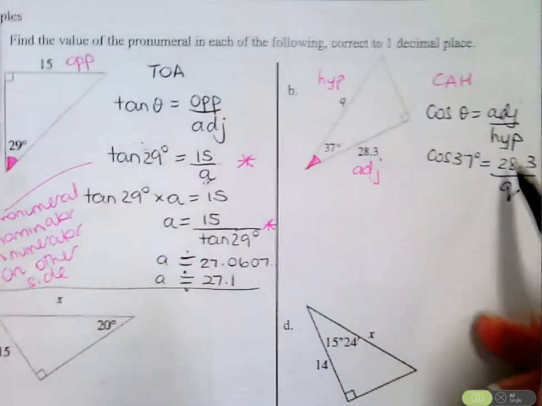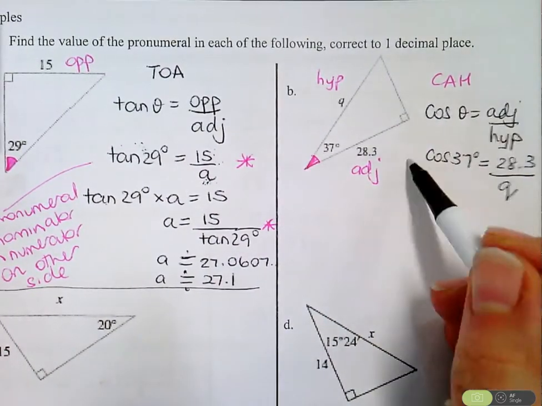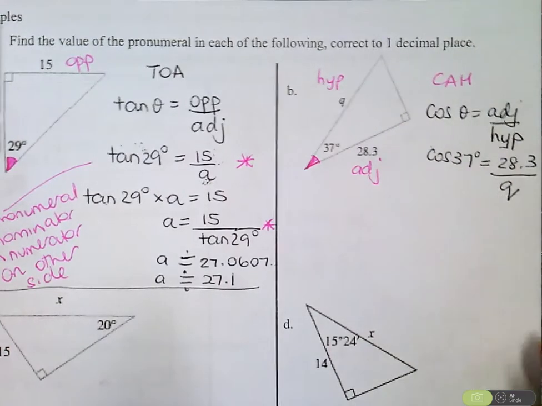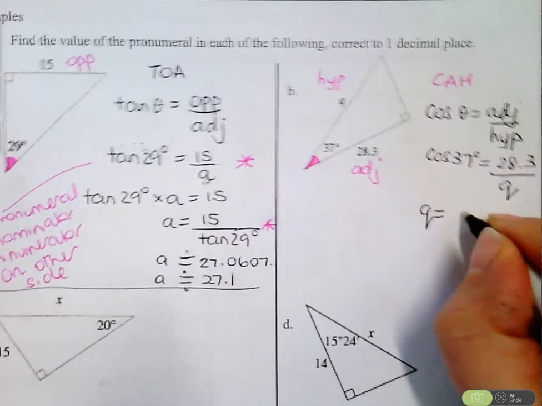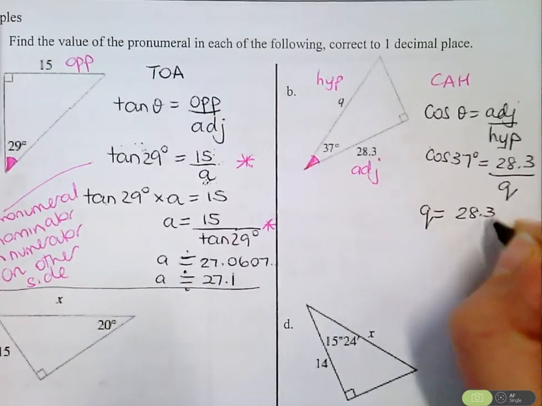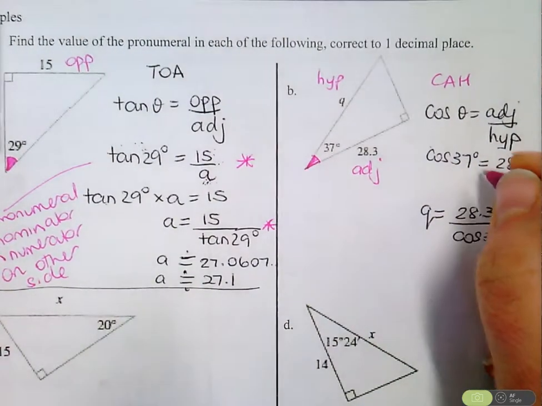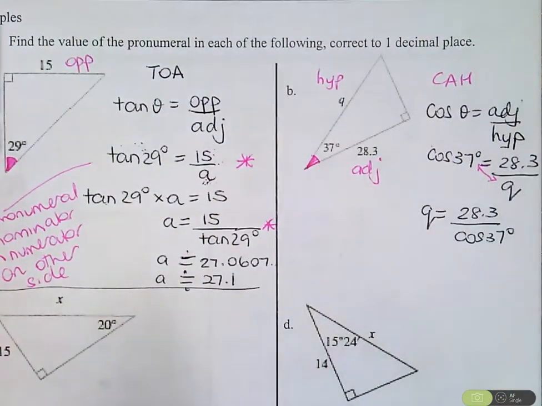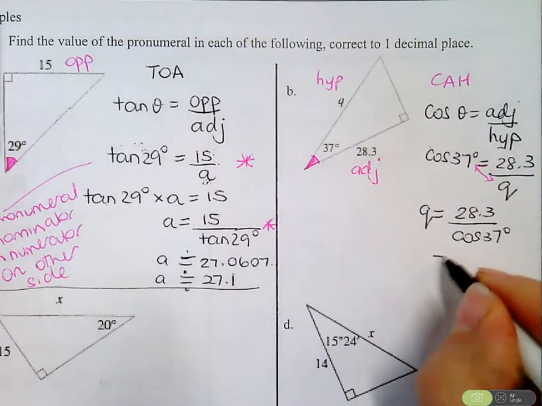You swap it, because if you go divide by Q, opposite times, then you've got to put the cos 37 back down there anyway. So what do you get? Q is 28.3 over cos 37. So basically what I do is a swap here.